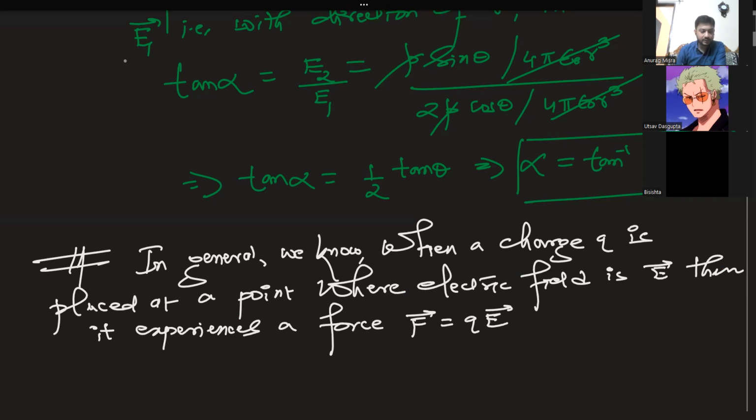Now you know force क्या है? Vector है. Electric field भी vector है, but charge scalar. And whenever we multiply a vector by a scalar, जो नया vector मिलता है, it will be either parallel to the old one or opposite to the old. Yes or no?